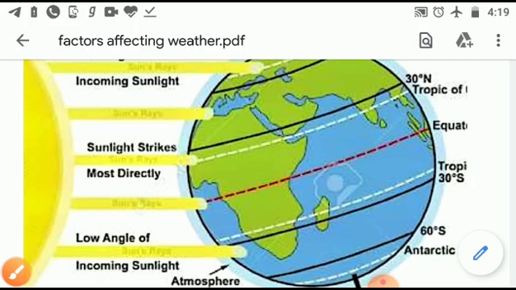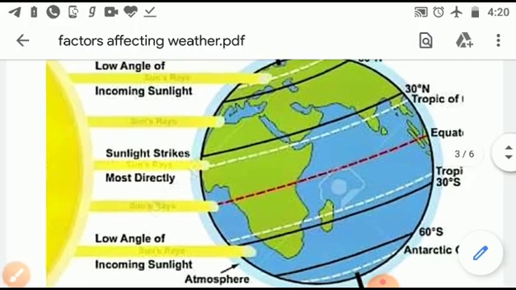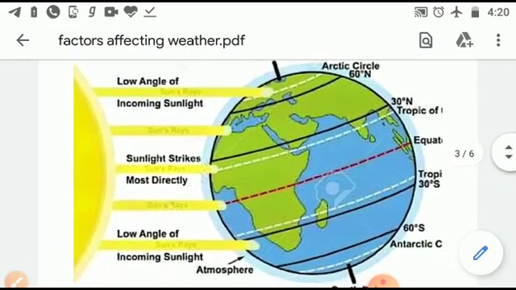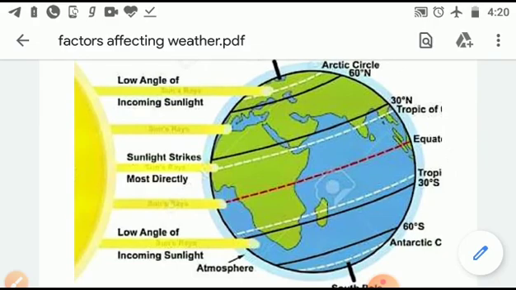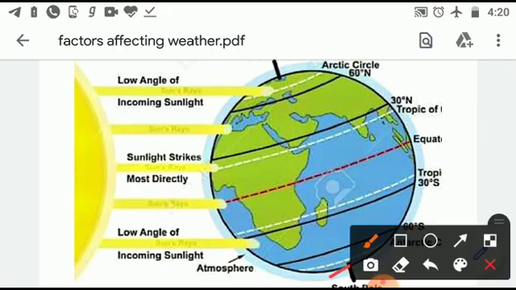See here how the sunlight strikes the different parts of the earth. The earth receives maximum heat rays at the equator, and slowly the angle of the sun's heat rays decreases, and it is minimum at the North Pole and the South Pole.